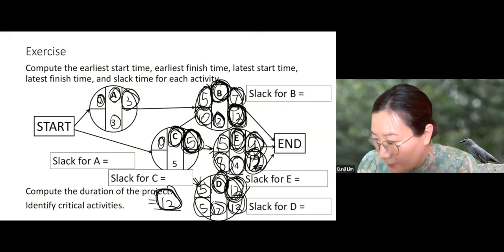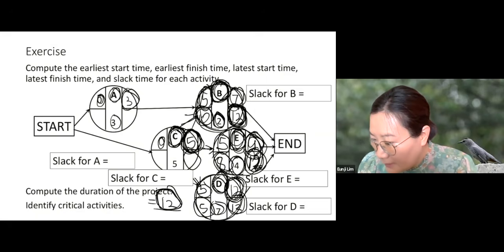Now, let's go backward. Let's go to C. When is the latest finish time of C? Now, let's look at the followers. B is a follower. E is a follower, and D is a follower. And B needs to be started by 10. E needs to be started by 8.